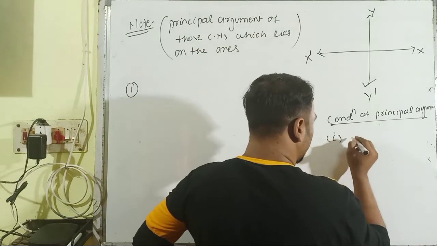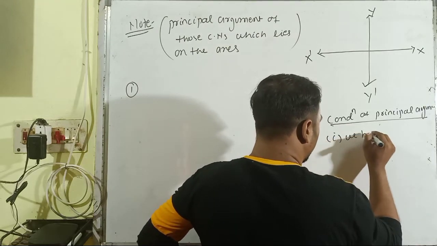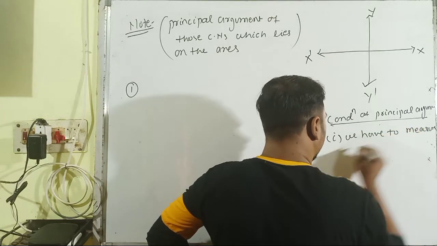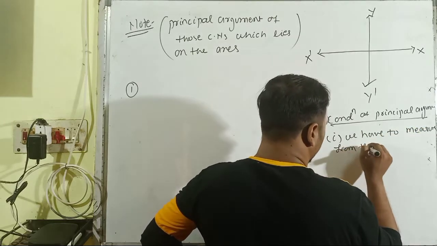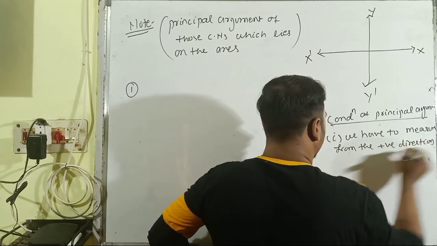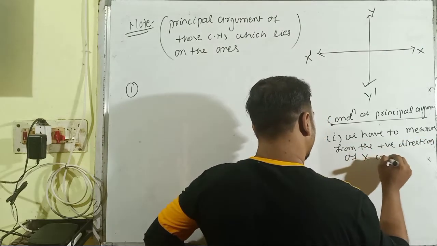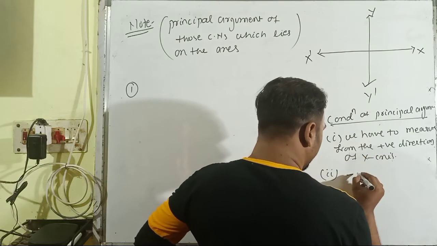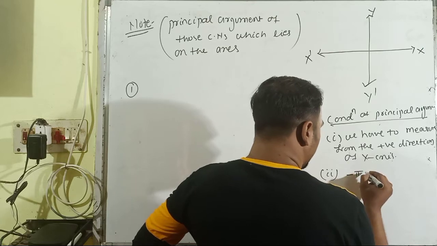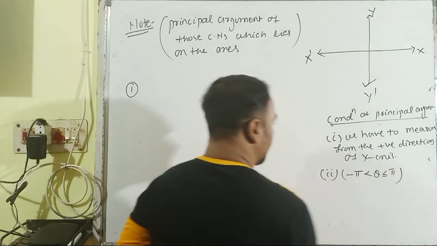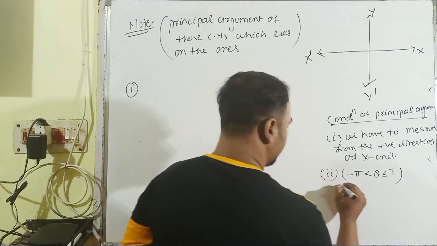The first one is we have to measure from the positive direction of x-axis. The second condition is minus pi less than theta less than or equal to pi.